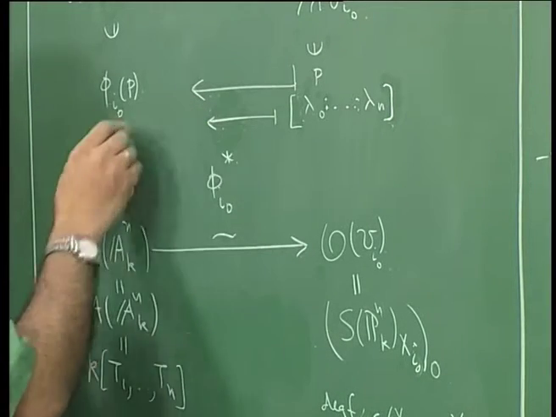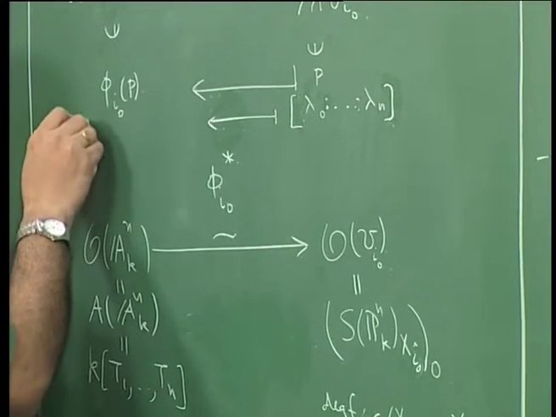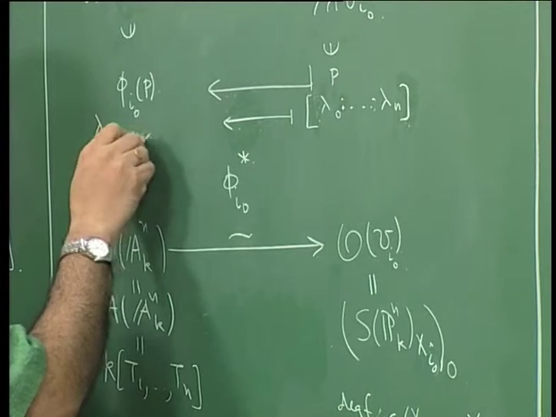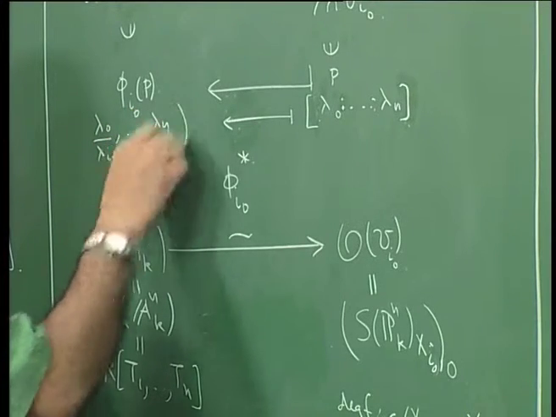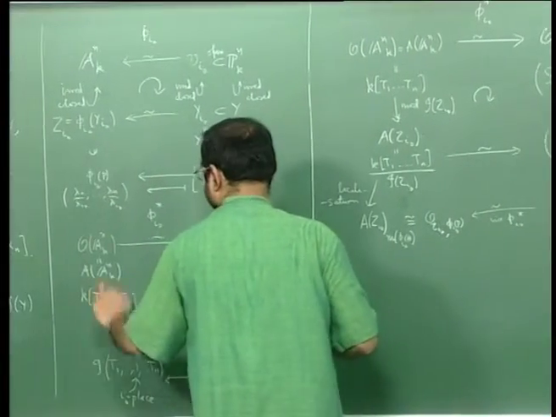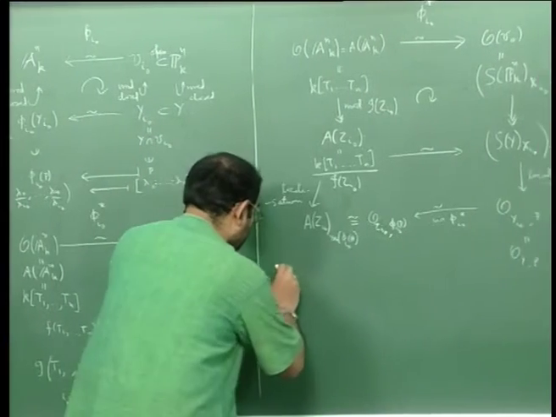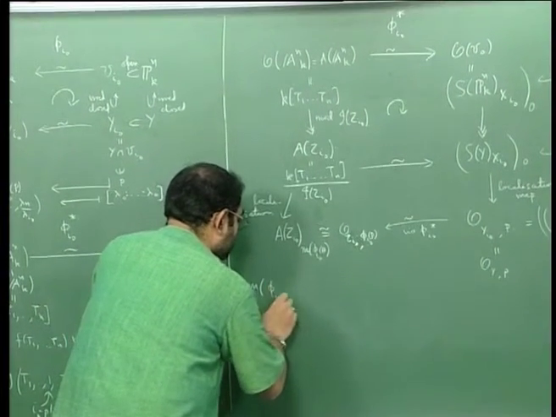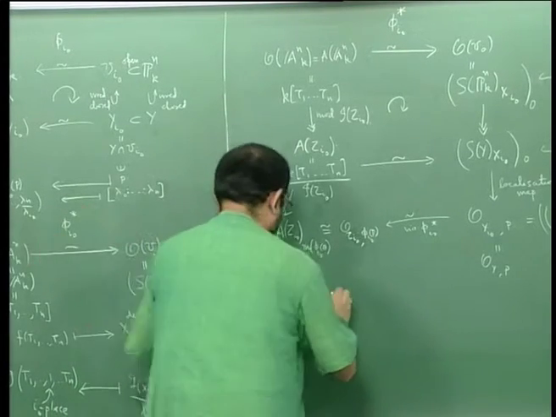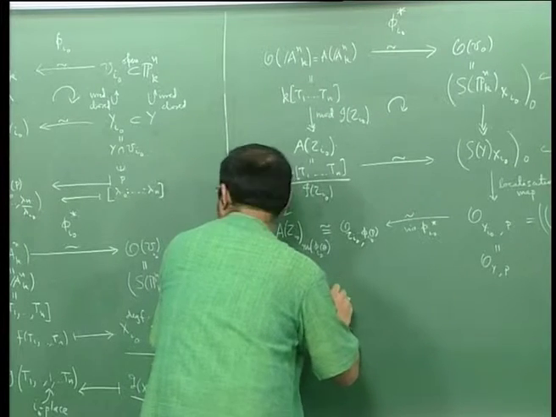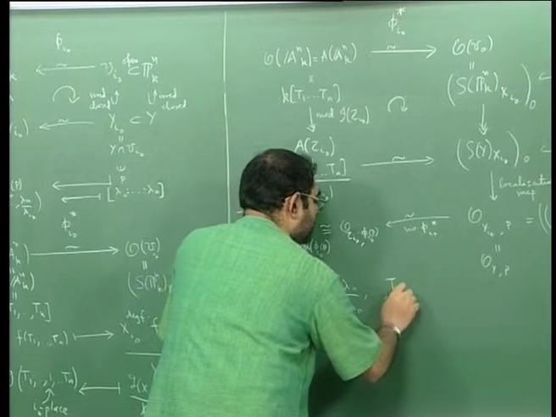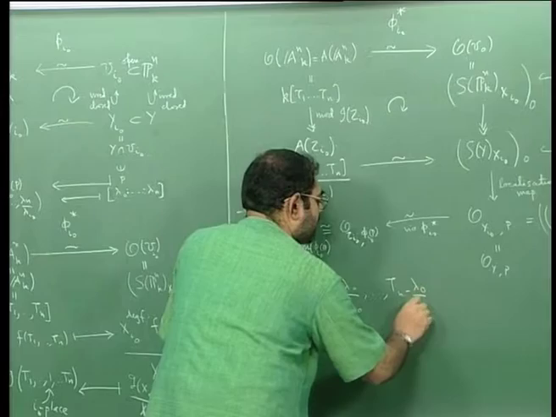That goes to the point lambda_0 by lambda_i0 up to lambda_n by lambda_i0. Therefore, if you look at this calculation, the maximal ideal corresponding to this point, the maximal ideal of phi_i0 of P, is just T_1 minus lambda_1 by lambda_i0, and so on, T_n minus lambda_n by lambda_i0.